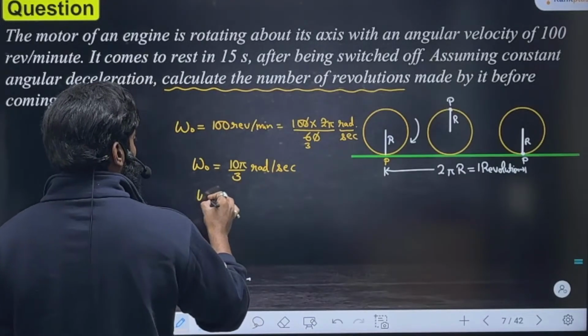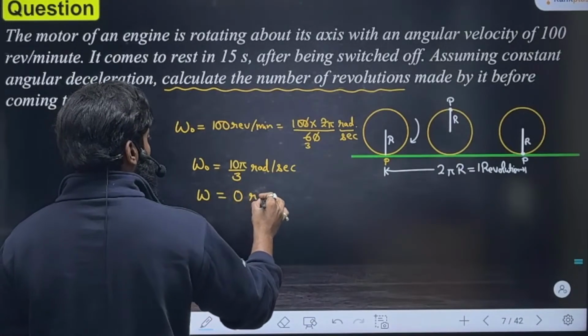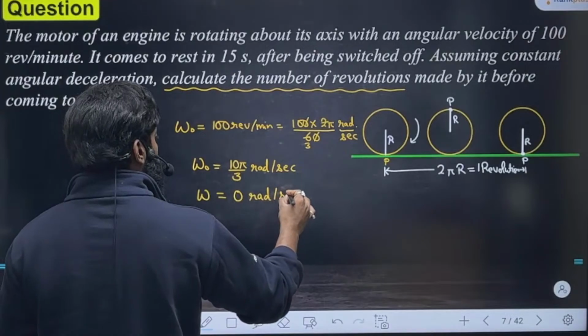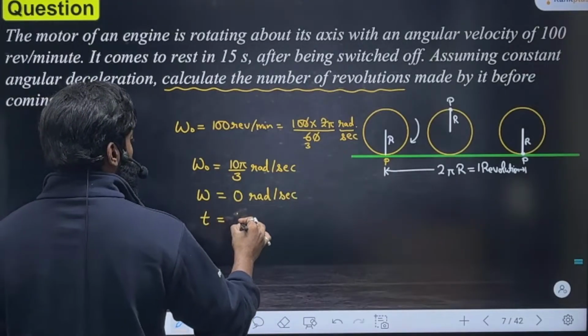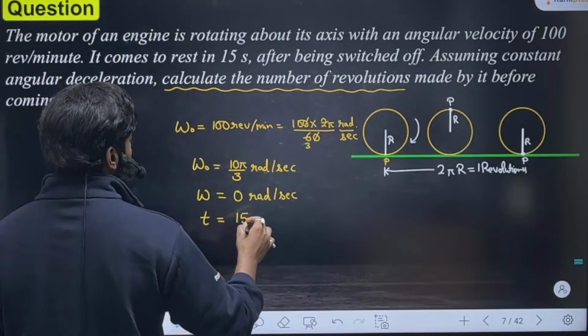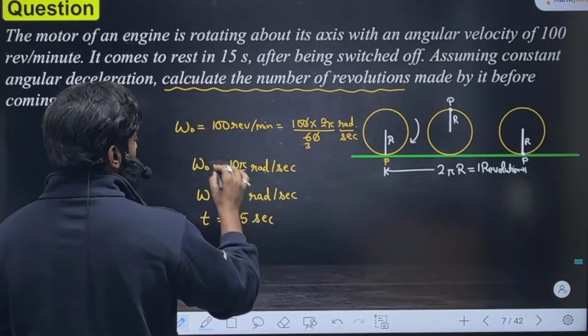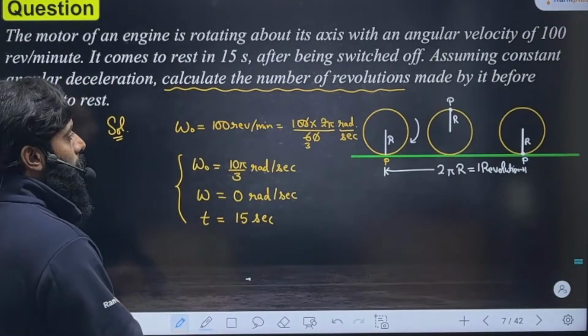And omega will be equal to 0 radian per second. The time it takes to come to rest is 15 seconds. So these are three important data given to you.